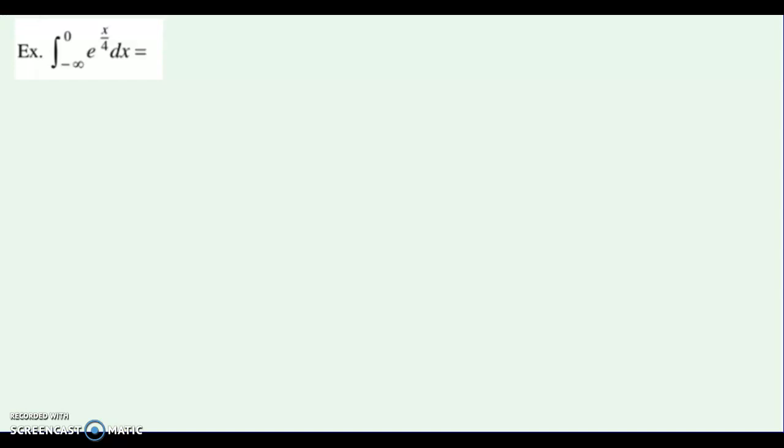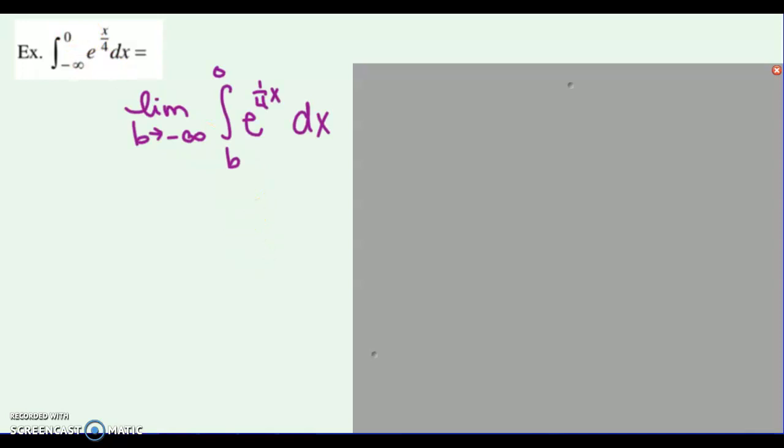Why don't you give this a shot and try and see what you get for this? So the first thing you should have done is change it to a limit problem. Sometimes people like to use the letter a as they're going to negative infinity to differentiate between a lower bound and an upper bound, but it doesn't matter. So I've got the limit as b goes to negative infinity of the integral from b to 0 of e to the 1/4 of x dx.